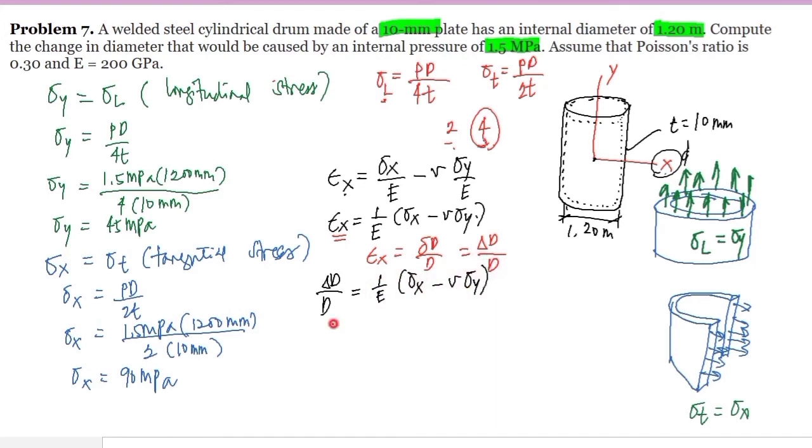Substituting the values, we have the change in diameter over the original diameter, which is 1200 mm, equal to 1 over the modulus of elasticity.